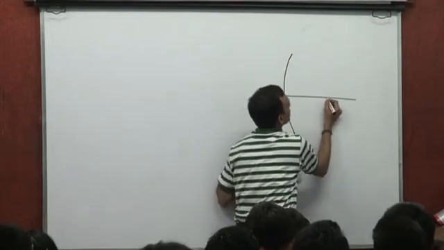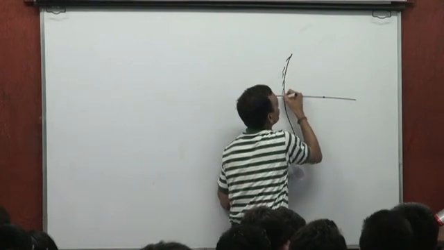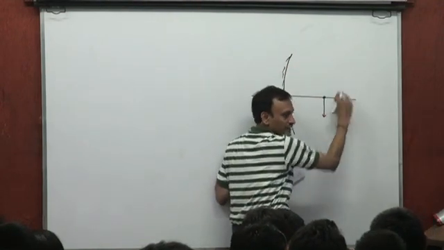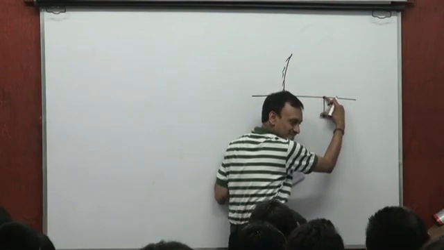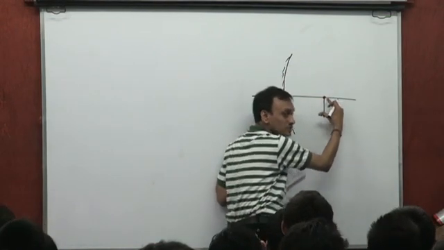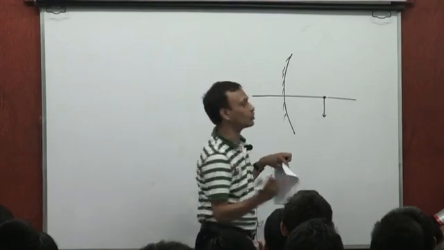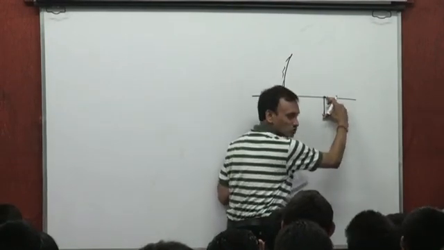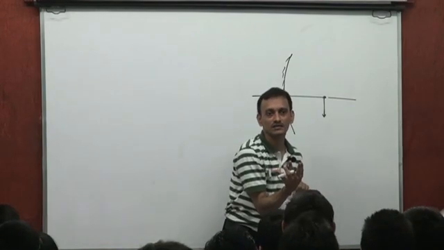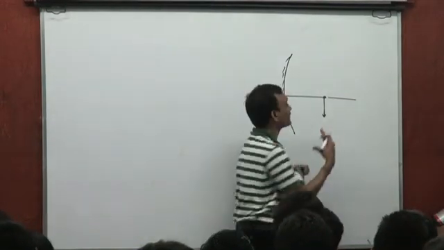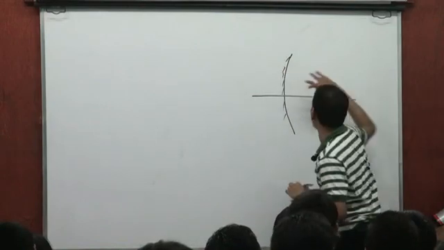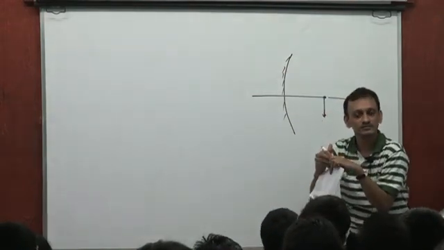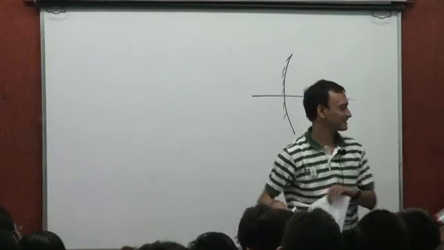What I meant was that if you are on this side of the convex mirror, even though this is the image and you are sitting here, can you click the pic of this? You can't, right? It's not like virtual images can't be photographed at all. But all that I'm saying is, you can't be sitting here and taking a pic of this because there is no light present here at all. It's like rays of light seem to be coming from this point, but if you are sitting here with a camera, then God bless you. Right?